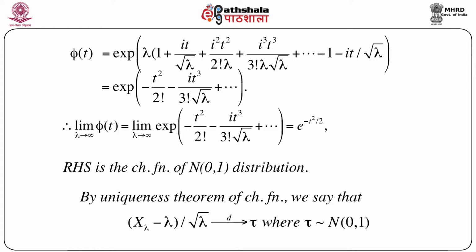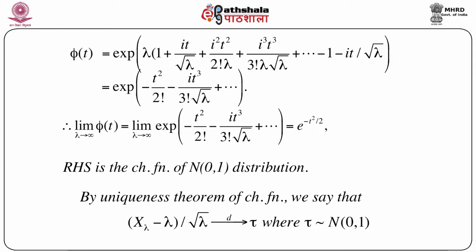So this is a technique: whenever we have some standardized variable, that is, variable minus mean divided by its standard deviation, one way of deriving the asymptotic distribution is to find the characteristic function and then see what happens to it in the asymptotic sense, like in this case lambda goes to infinity, or in some cases, depending on the sequence of variables, as n goes to infinity.